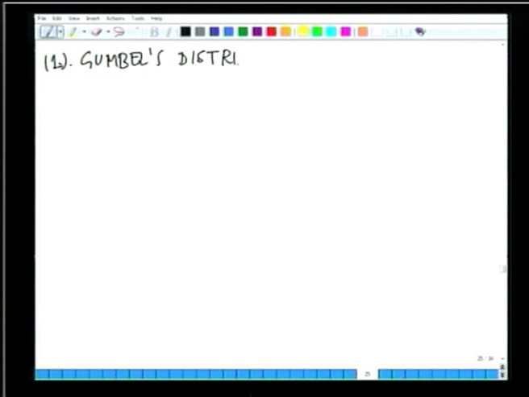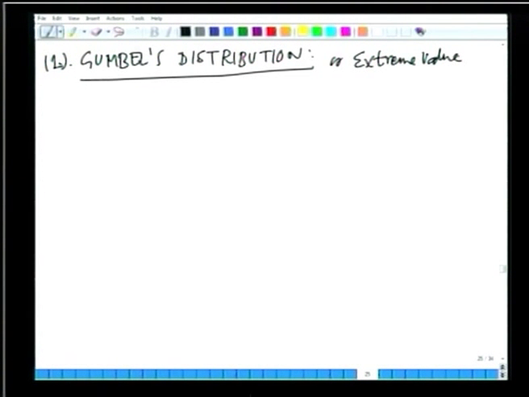I am sure you may have seen this earlier in your UG classes, Gumbel's distribution. This is also called the extreme value type 1 distribution, EVT1, famously known as Gumbel's distribution.